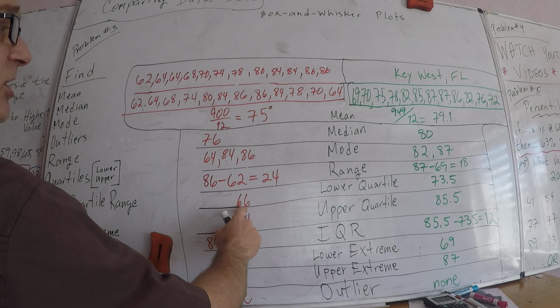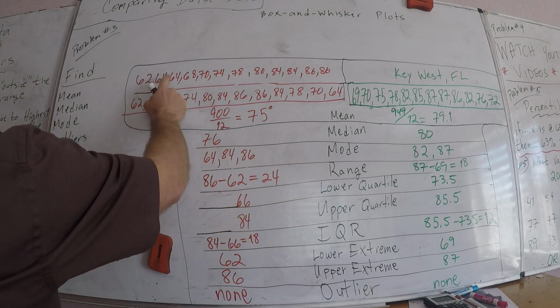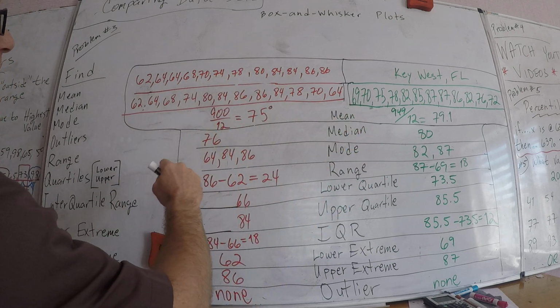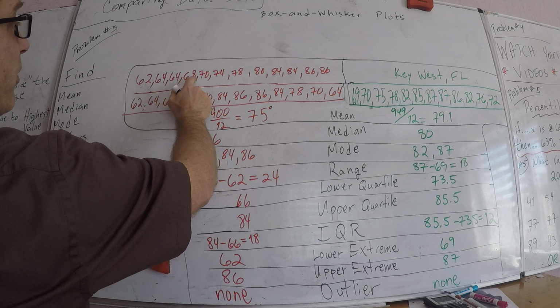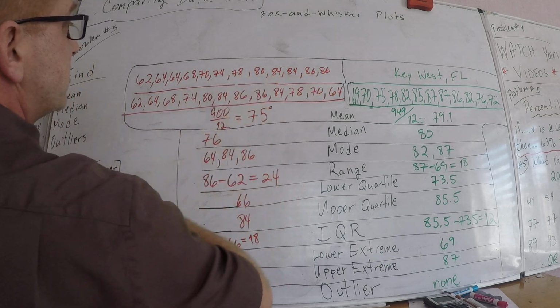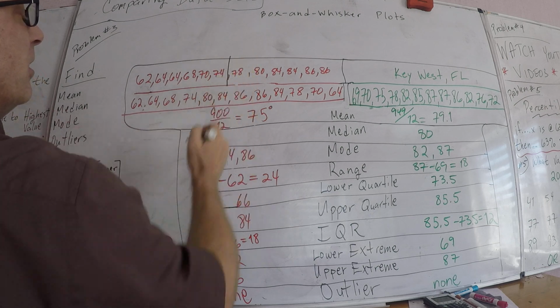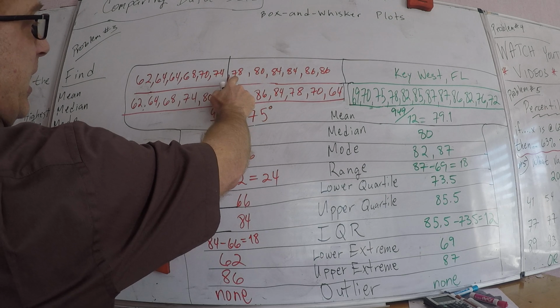Let's find the median, 76. There are 12 months, so we have to take the middle two because it's even. 1, 2, 3, 4, 5, 6. 1, 2, 3, 4, 5, 6. So this is the middle. That's the median, 74 and 78.